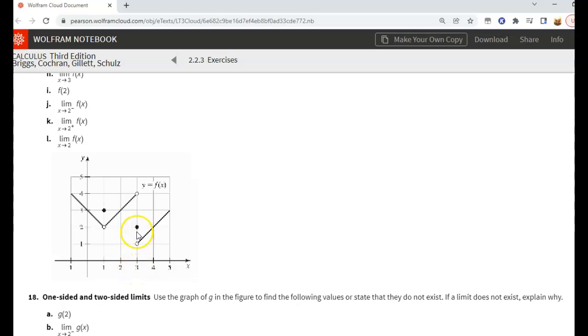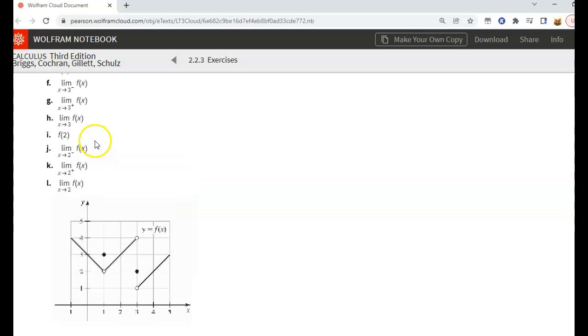And f of 3 itself is actually 2. f of 3 doesn't have any impact on the limit, but what we can see is that as we approach 3 graphically, there is no limit, since the left and the right disagree. Now, if it had just asked for the limit as x approaches 3 from the left, like it did in part F, then that is approaching 4.